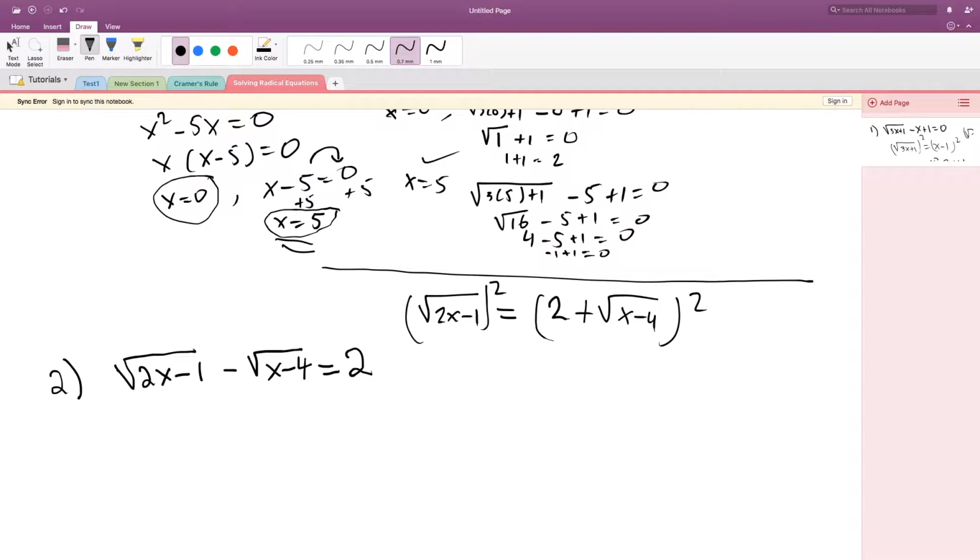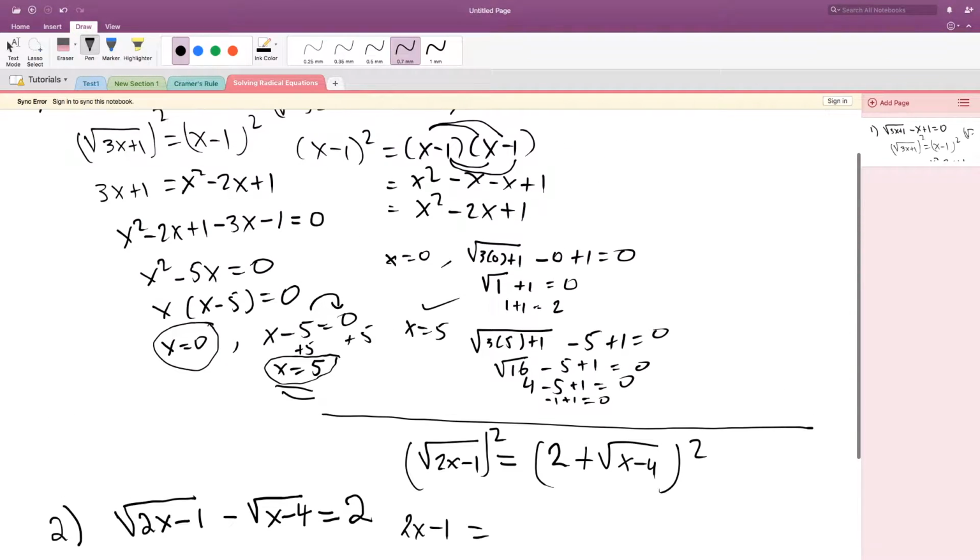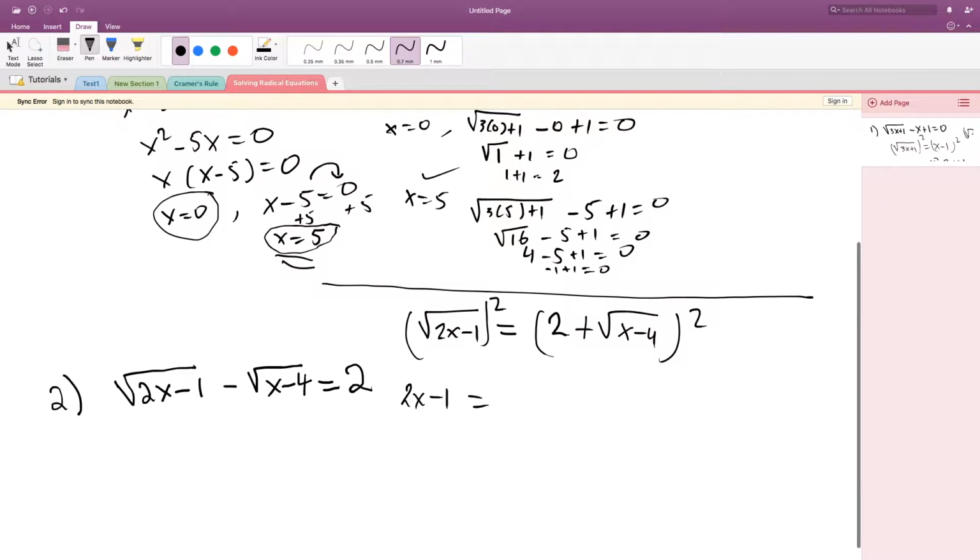Now when you square this, it just becomes 2x minus 1 equals, now if you follow the same method as in the first example, when expanding this, you will get 4 plus 4 root x minus 4, and here you will get x minus 4.